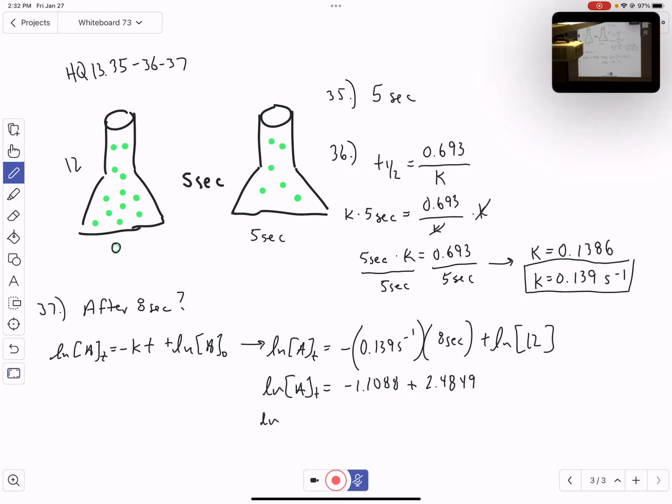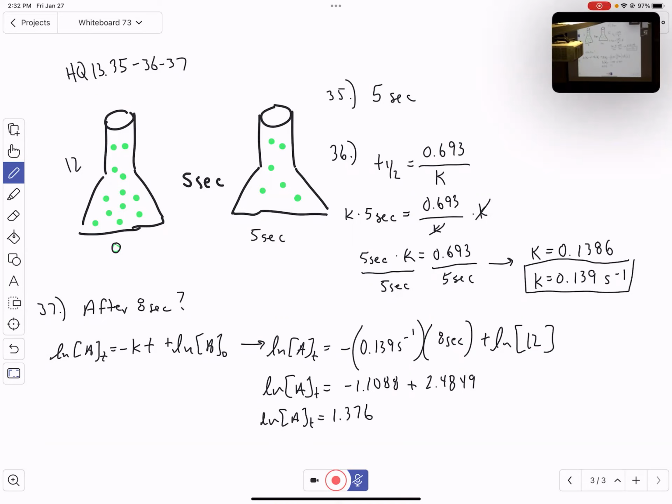Add those two together, and the natural log of concentration at time t equals 1.376.